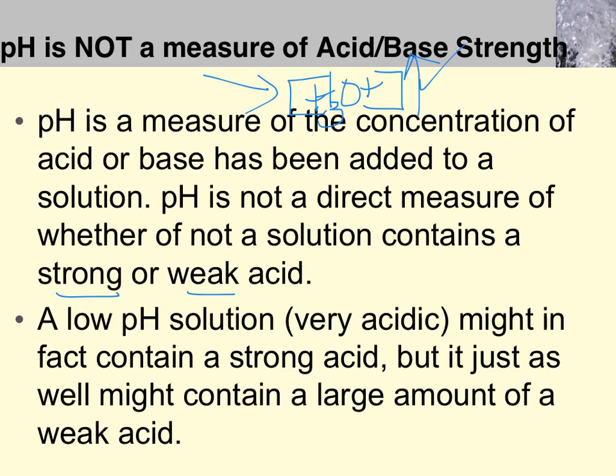Granted, if it's from a weak acid, you would have had to dump a whole bunch of it in to get a lot of H3O, but you cannot with confidence say, just by measuring pH, that it came from a strong acid or a base. That's a really important concept. So in order to have information about the strength of the original acid or base, you have to have Ka or Kb.